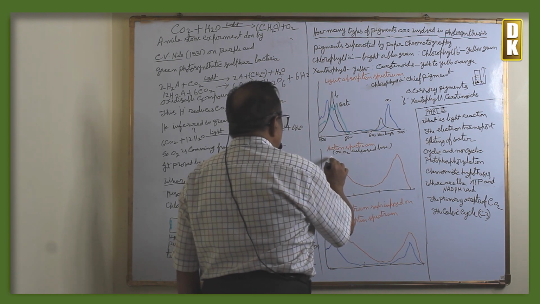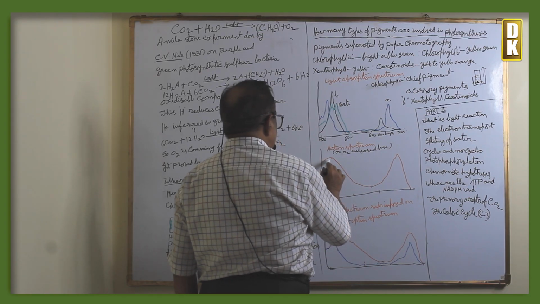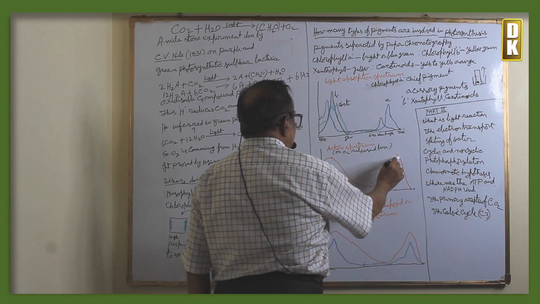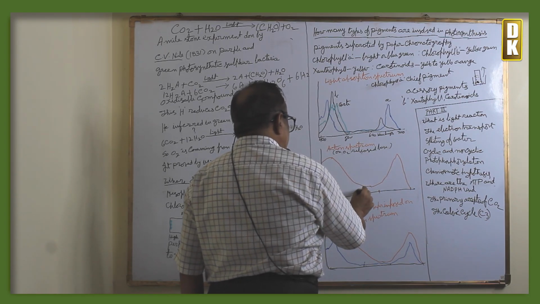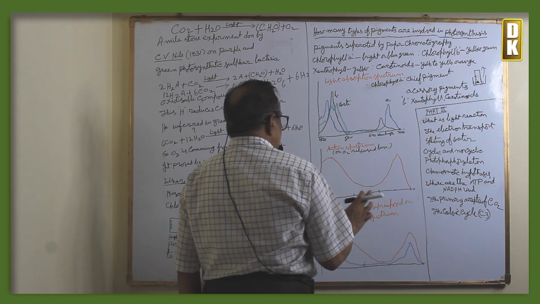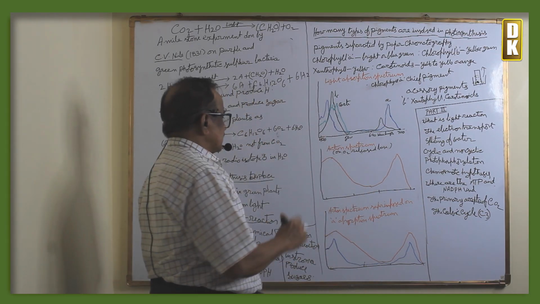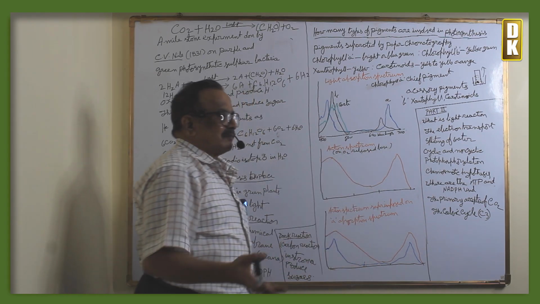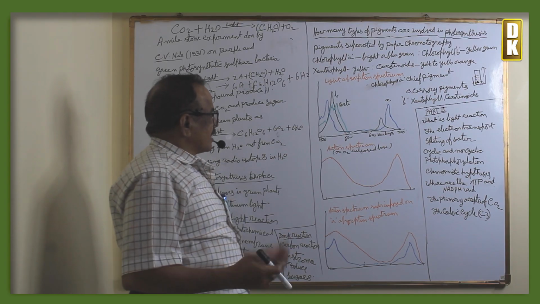In the blue light maximum photosynthesis has taken place, and in the red light it is also maximum, but in between it is less. This is the action spectrum that Engelmann showed. Blue and red lights are important, where photosynthesis will be more. That is the action spectrum.